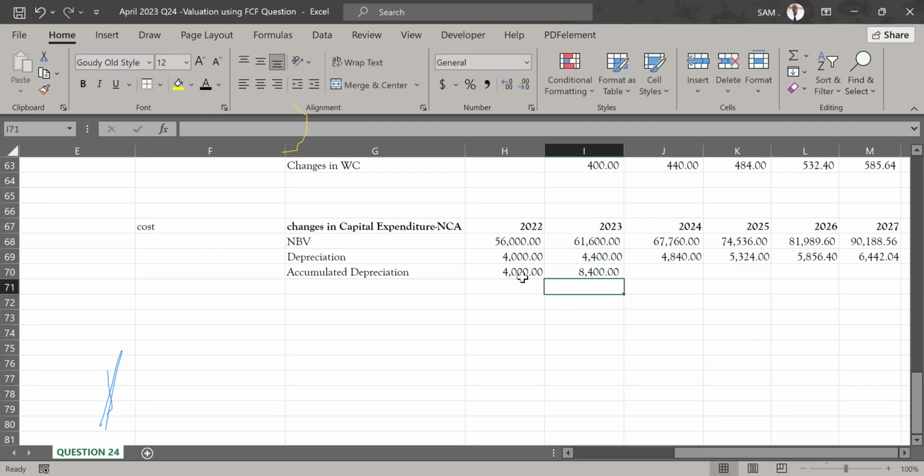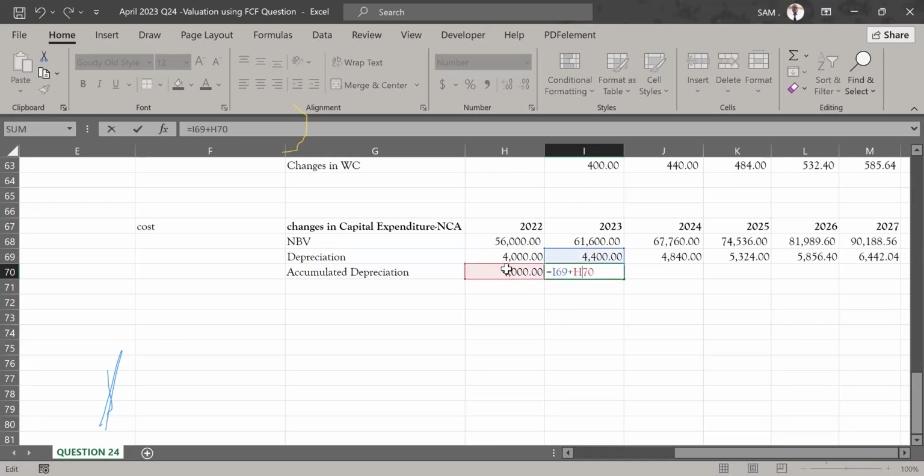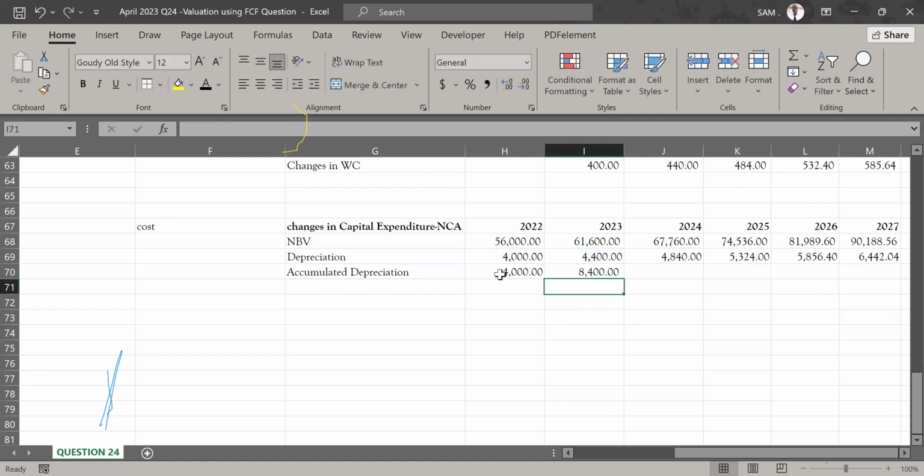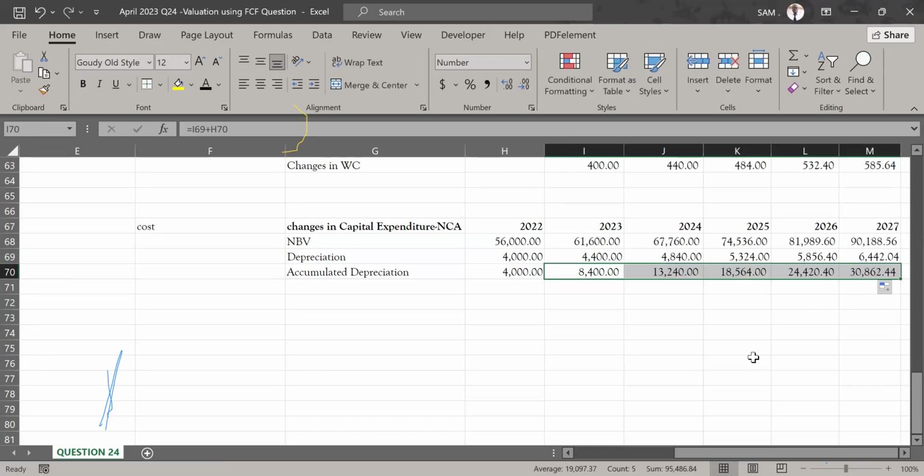That gives us the total accumulated depreciation for the year 2023. Then we are going to maintain this pattern, adding the current year's charge to the previous year's accumulated. After I put that pattern formula, I will just autofill to 2027, and I have my accumulated depreciations across.